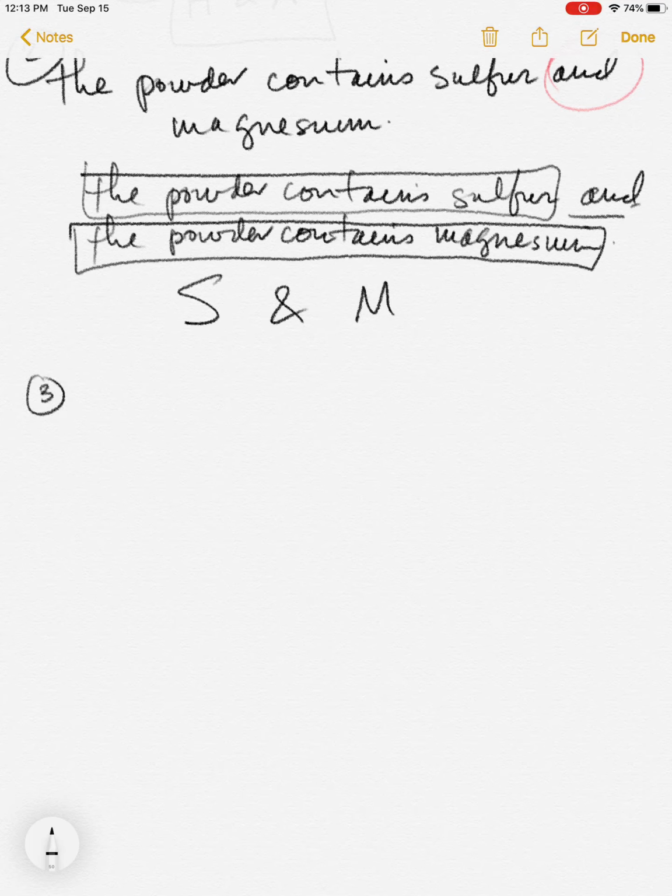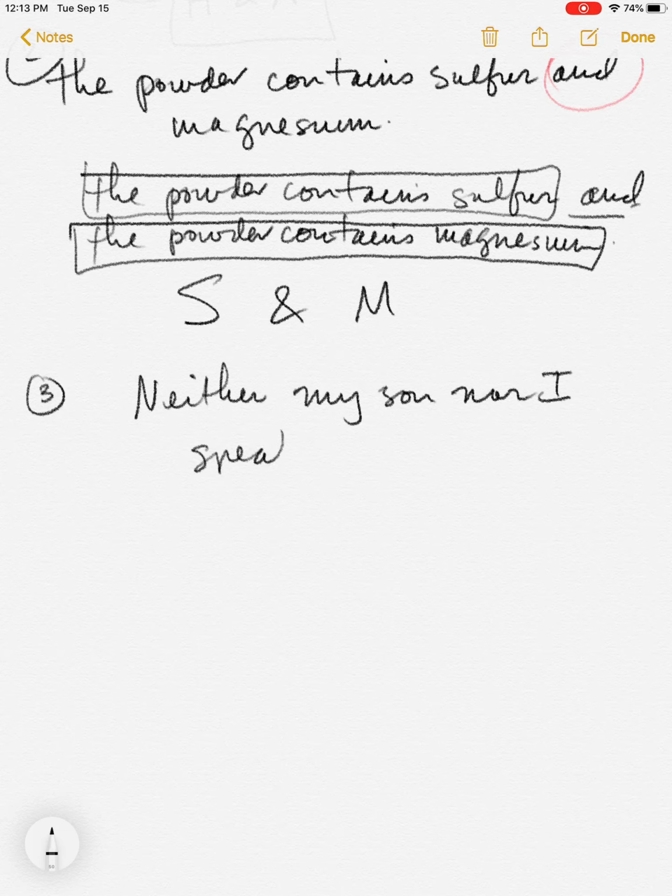Let's look at another example. So here's a sentence that does not contain the word and, but I do think that it is properly analyzed as a truth functional conjunction. Neither my son nor I speaks Icelandic.